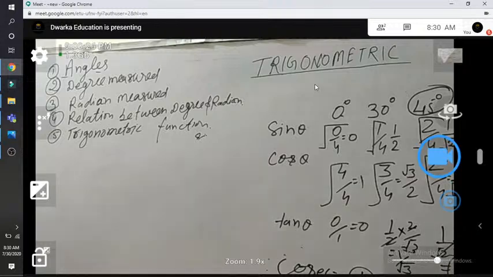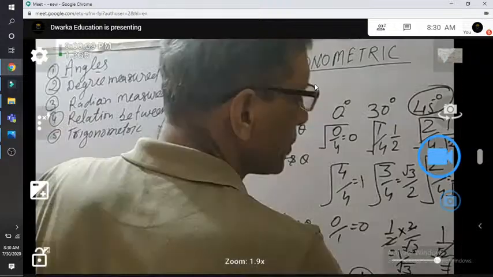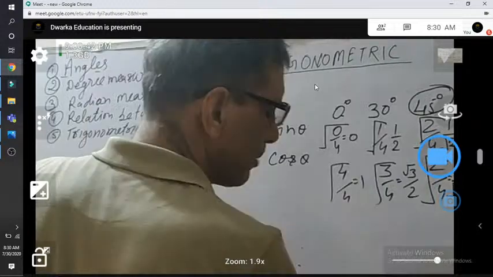But we can find the values at other angles, for example 47 degree, by the logarithm table or a scientific calculator.